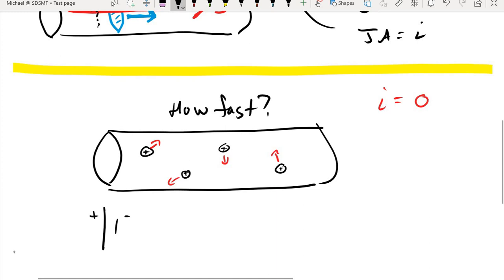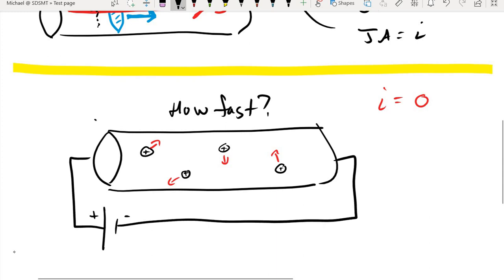It's not until we bring that battery into play that we actually start forcing those charges to start moving in a common direction. So now we'll start to see those charges move to the right.